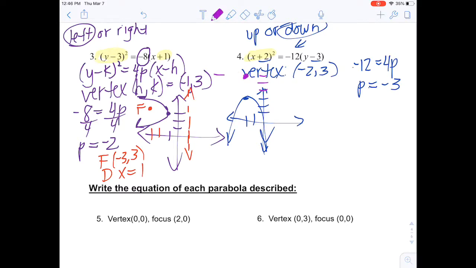So let me make a line there. Go down 1, 2, 3. There's my focus. So the focus is (-2, 0). Directrix is y equals 6.